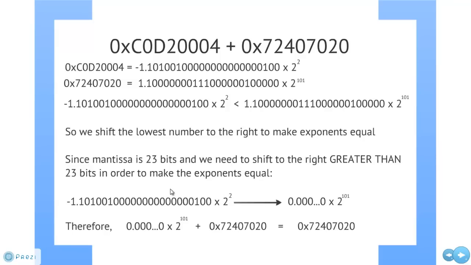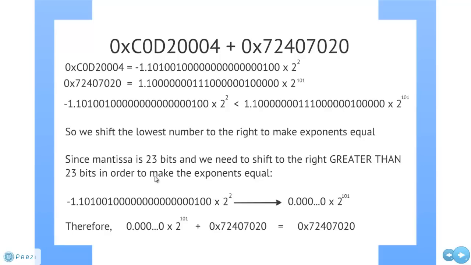Because, of course, when you shift to the right, you can imagine moving this decimal place over to the left, and 99 will be more than 23 times. And as you can see, when you shift these numbers to the right, it's going to eventually become 0.